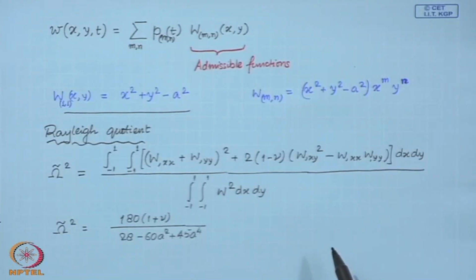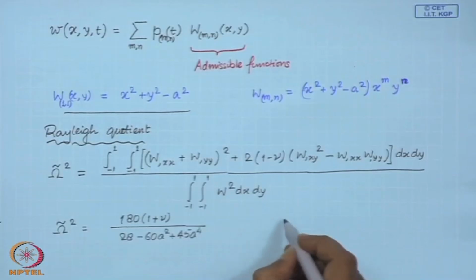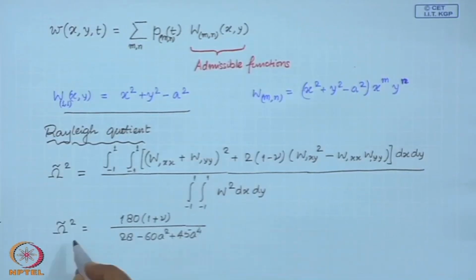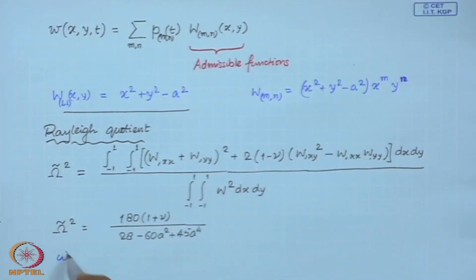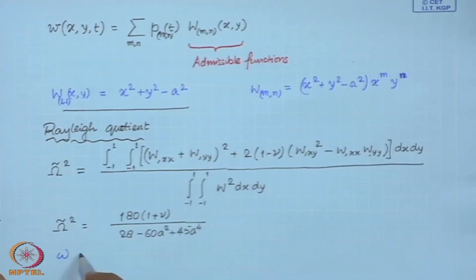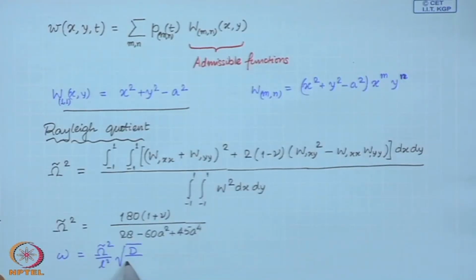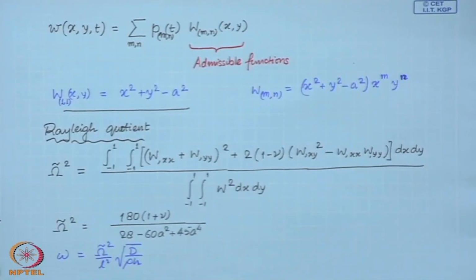Now, we may then think of, for example, improving the support. By improving the support, I mean increasing the natural frequency of the plate. So here, of course, this is the non-dimensional frequency. So, the dimensional frequency will be obtained using this expression.